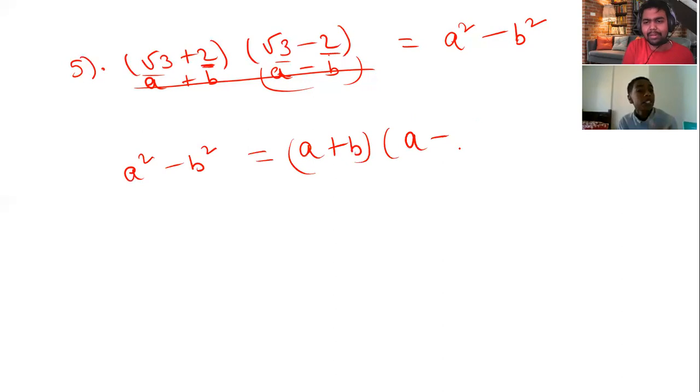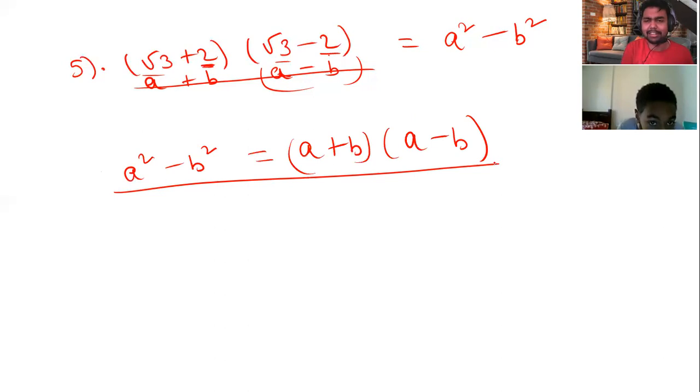There are brackets and rules. You can also reverse this formula. If I'm saying a square minus b square is equal to a plus b into a minus b, I can also say that a plus b into a minus b is equal to a square minus b square.